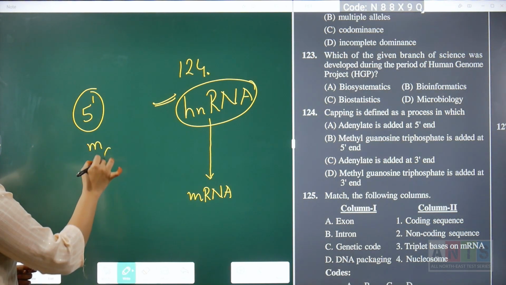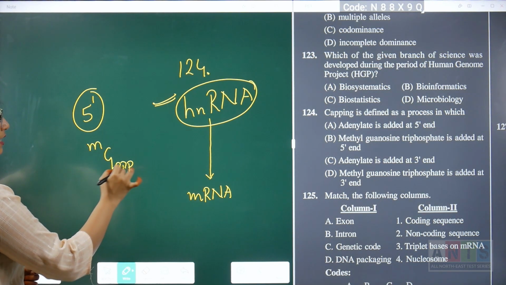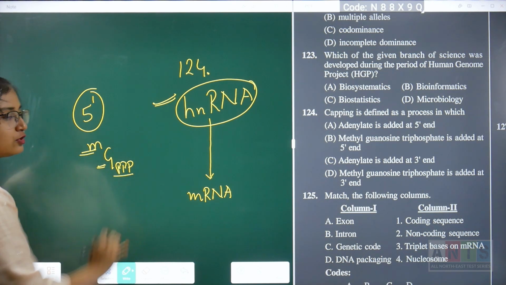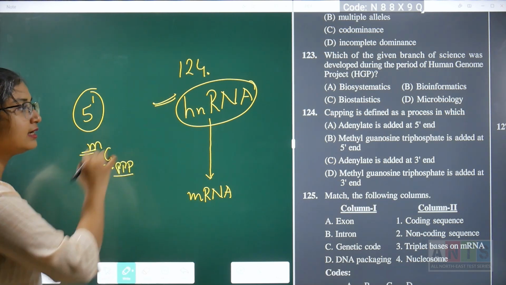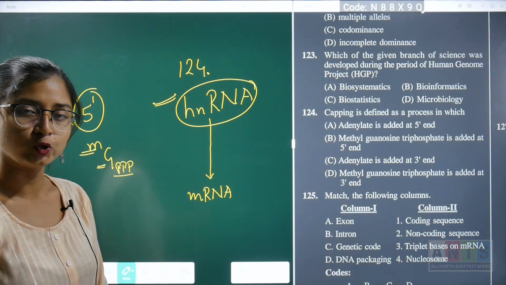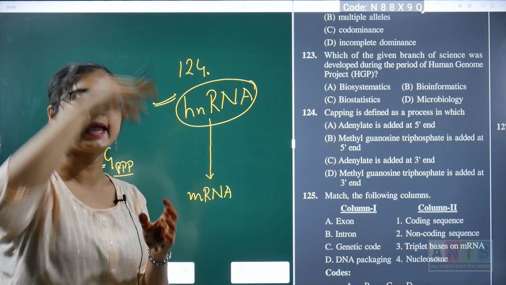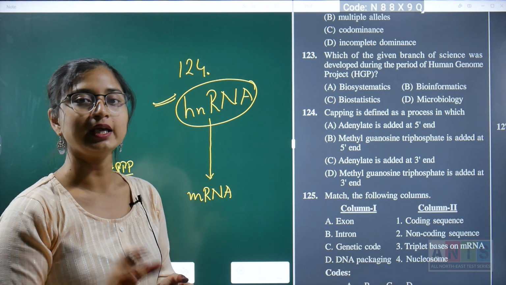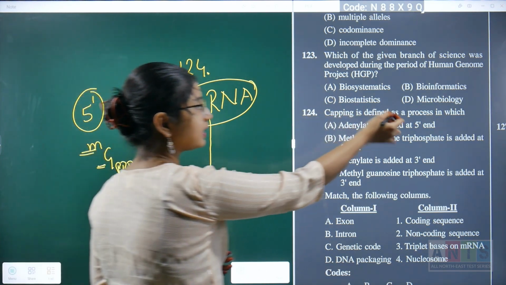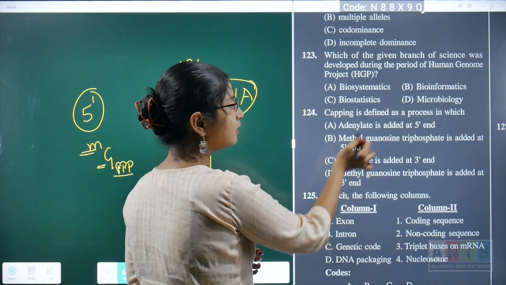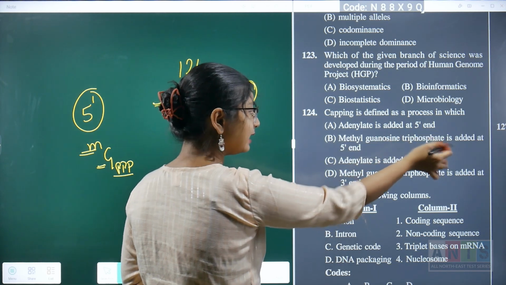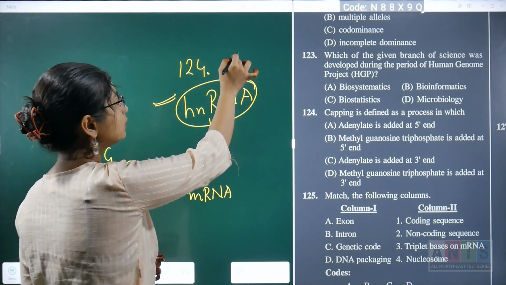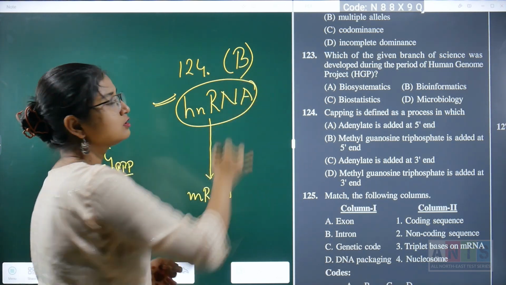To that, a modified base is added, which is methylated guanosine triphosphate. तो ये जो methylated guanosine triphosphate add हो रहा है to the 5' end, ऐसा लग रहा है कि उसके head पे cap जैसा लगा दिया है. This particular process is called capping. So capping is defined as a process in which methyl guanosine triphosphate is added at 5' end, exactly there. So question number 124, the correct answer is option B.